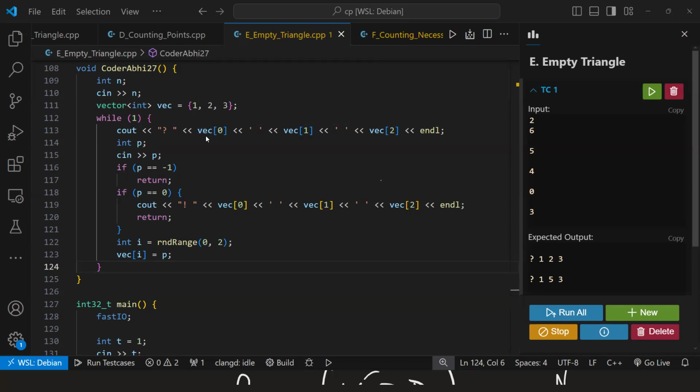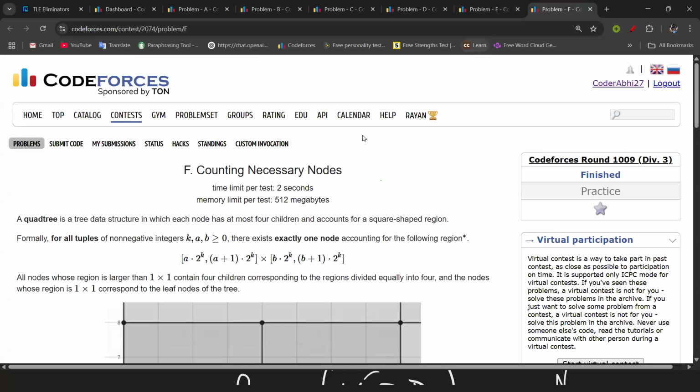Okay, I think we can move to the last problem of our discussion from today, if there are no more doubts. Okay, so let's move to problem F.